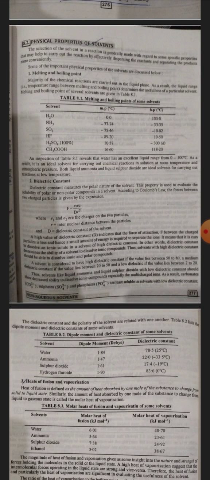As inspection of table 8.1 reveals, water has an excellent liquid range from 0 to 100 degrees Celsius. As a result, it is an ideal solvent for carrying out chemical reactions in solution at room temperature and atmospheric pressure. Both liquid ammonia and liquid sulfur dioxide are ideal solvents for carrying out reactions at low temperature.